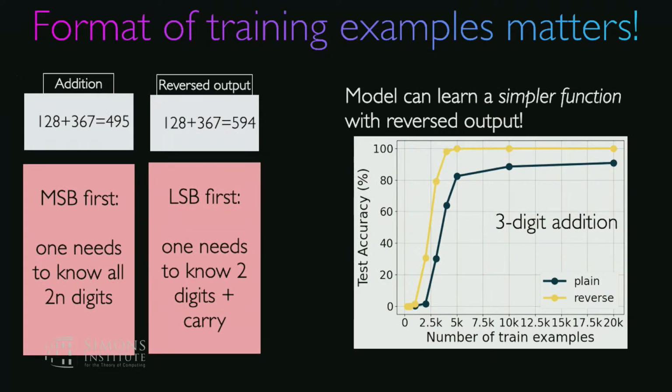In other words, the model now needs to learn a simpler function with the reversed output. The result on the bottom shows that if we train the model to output in a reverse way, it can reach higher accuracy with a much smaller number of training examples.